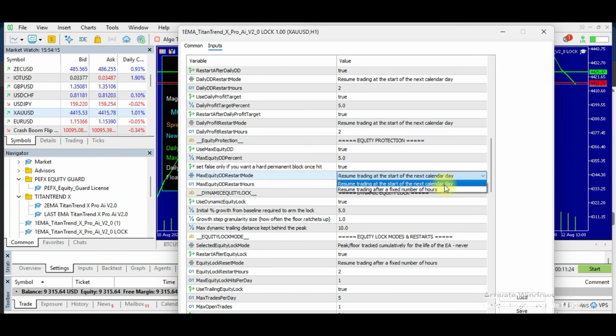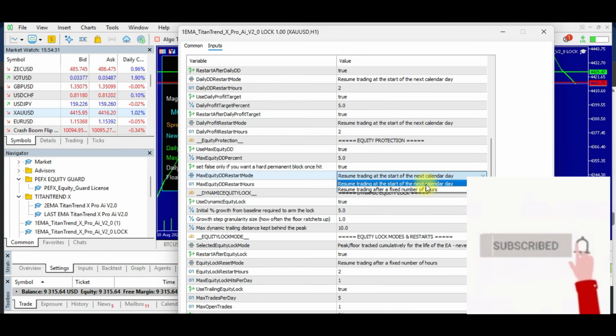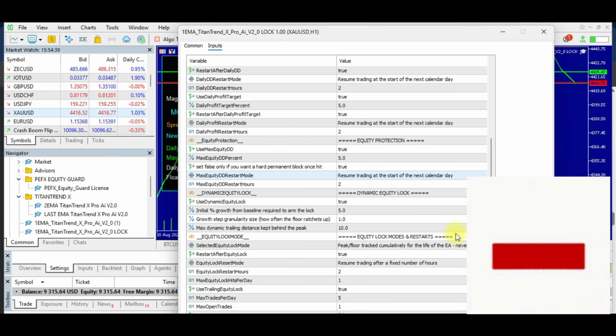You understand? So once it is hit today, let's say today is 11 of August, and the daily DD, I mean maximum equity DD, hit today, what will happen?